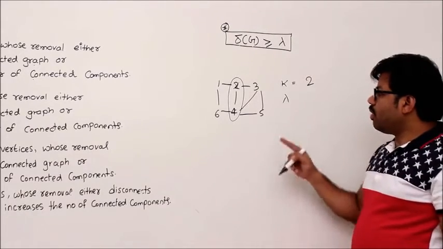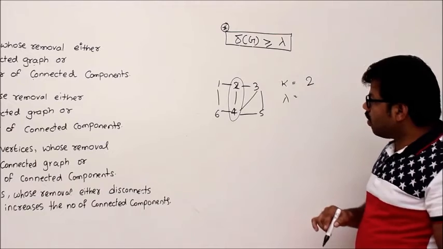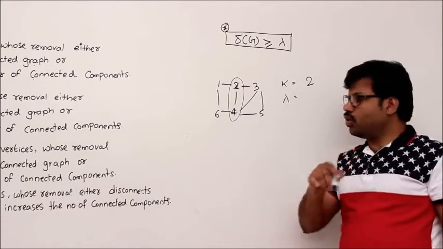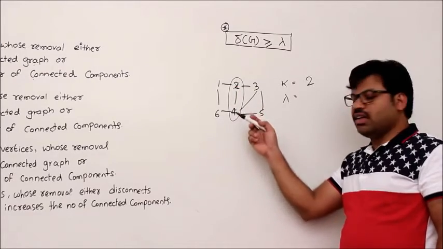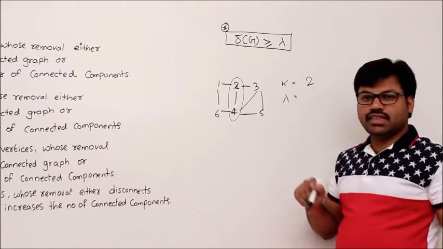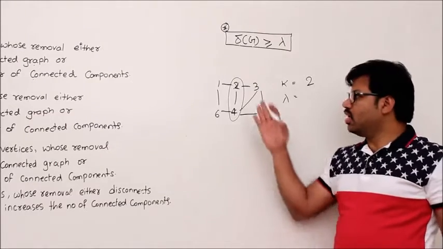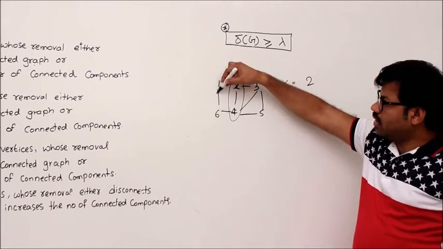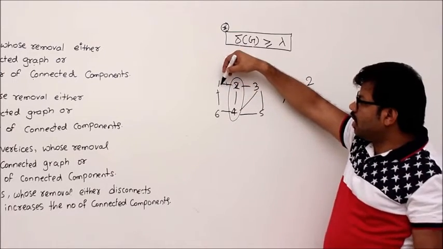Second one, the minimum number of edges required to disconnect this graph. Can I do it with a single edge? Impossible. I already told you, if every edge is on a cycle, then that edge cannot disconnect the graph. Then the possibility is a group of edges, that means multiple edges. So I think 2 is enough, right? Because what is the minimum degree of this graph? 2.